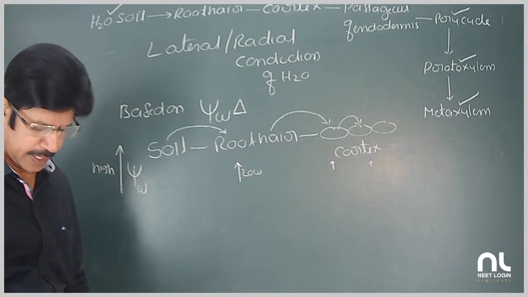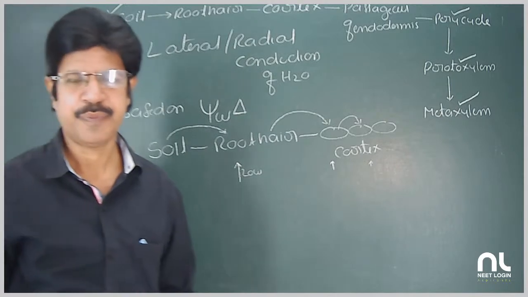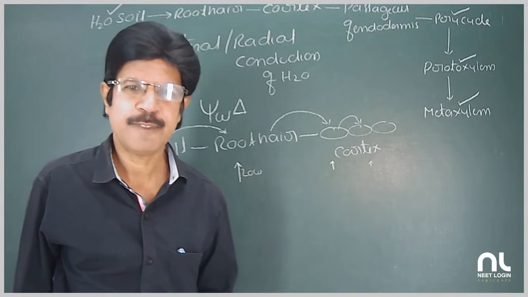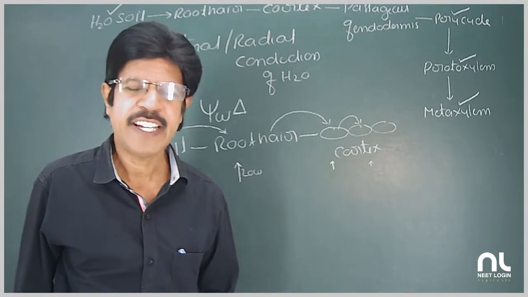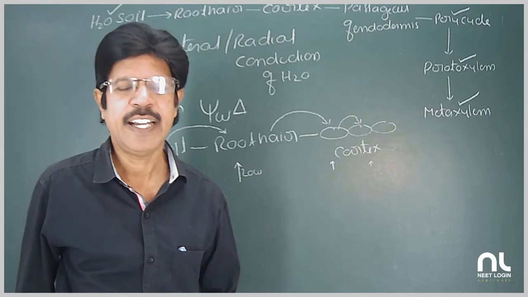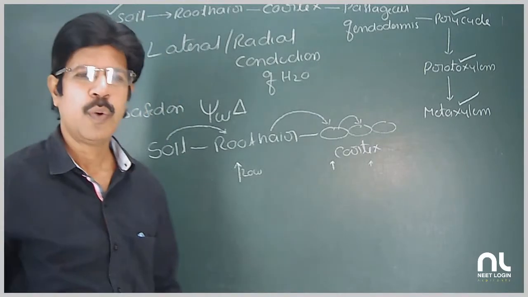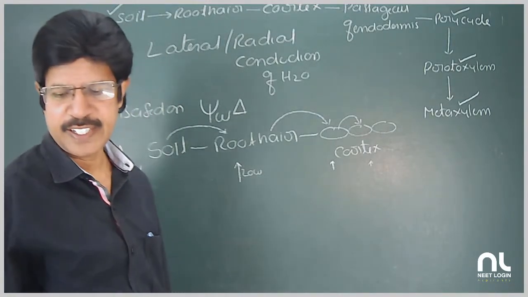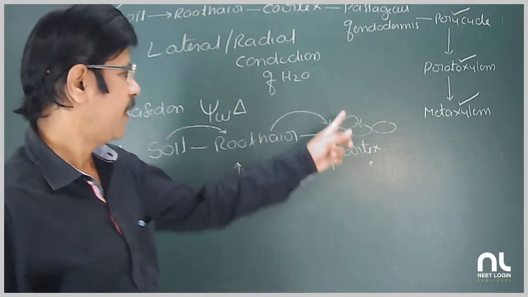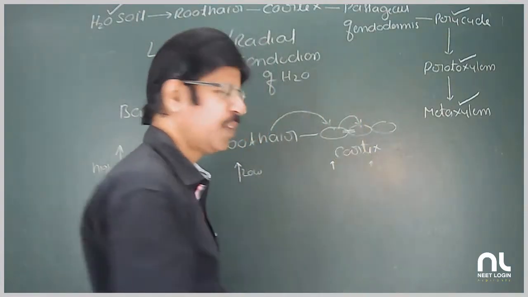In symplastic also it is water potential gradient. That is short distance transport, also symplastic, as in hydrilla and chloroplast movement. Based on water potential gradient, from one cell to another cell through plasmodesmata, higher water potential to lower water potential.